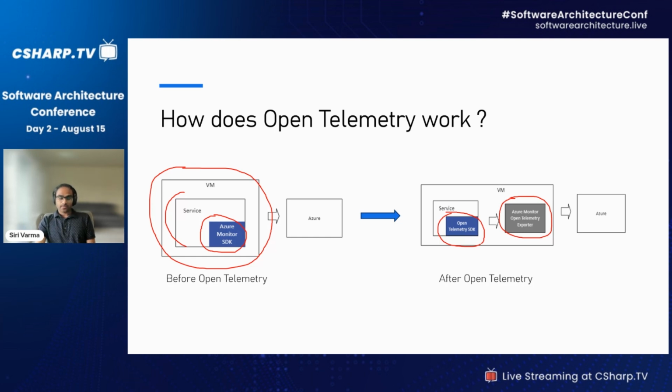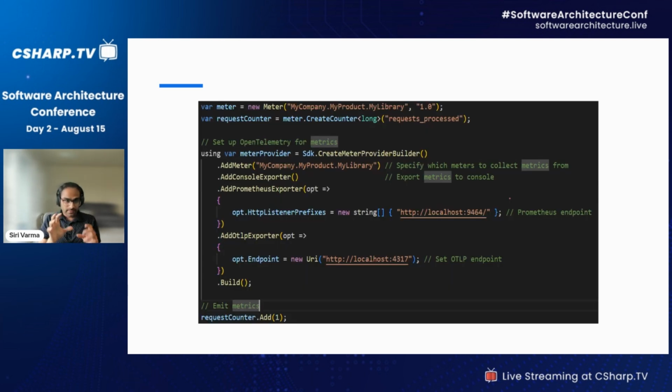So this is the code snippet from when I'm using OpenTelemetry. What I have here is a meter and a counter, right? These are the namespaces that belong to OpenTelemetry. And then I am adding exporters, something like this.